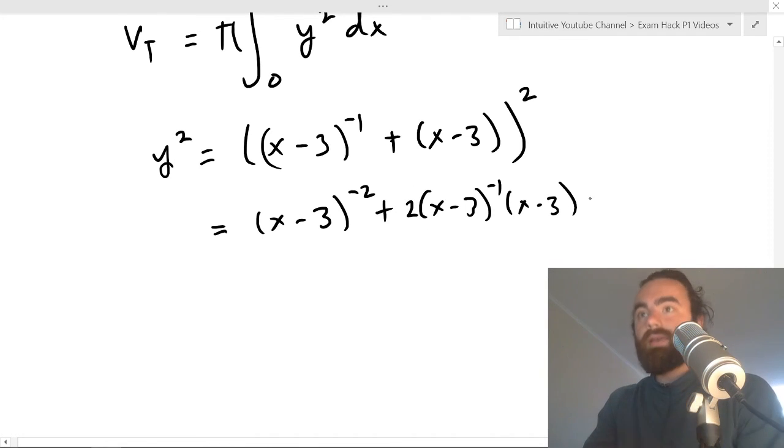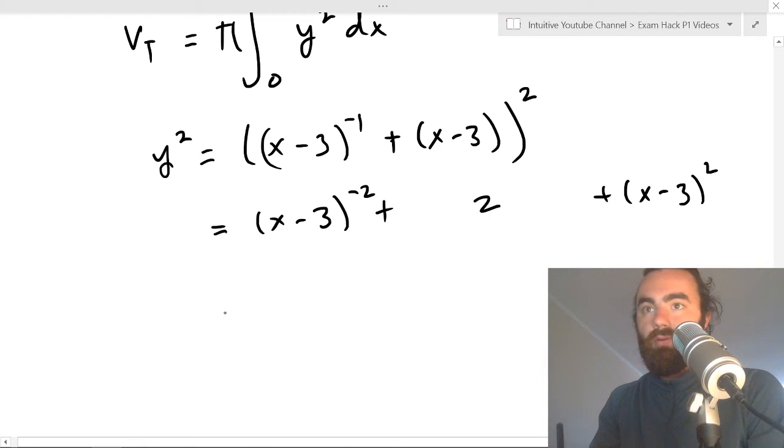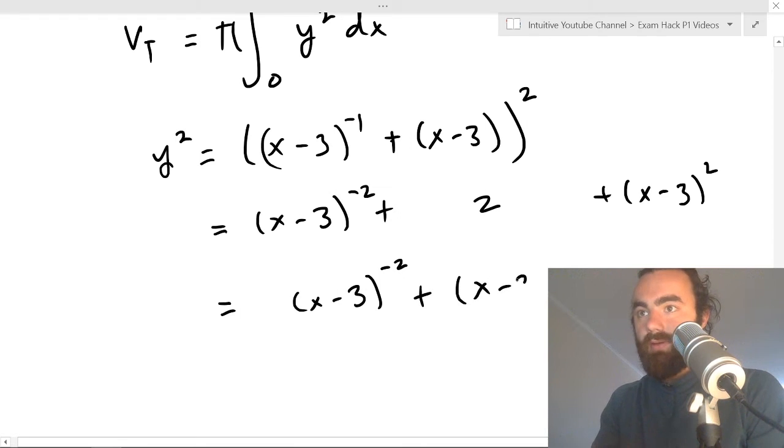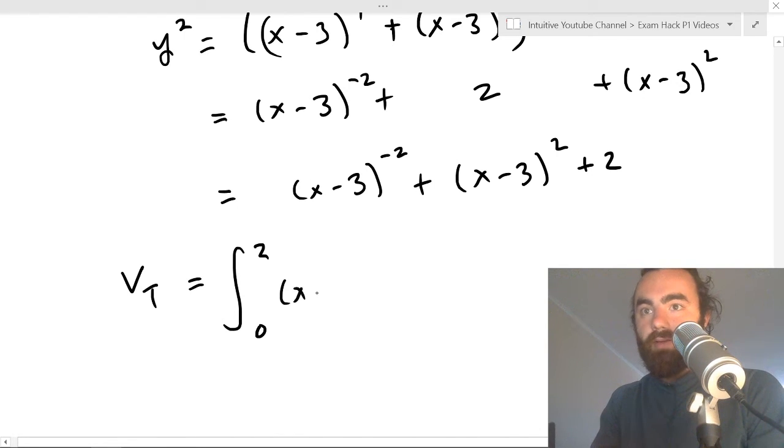And then you'll get plus x minus 3 squared. Well, these just cancel each other out, so this is just a 2. So actually you get x minus 3 to the negative 2 plus x minus 3 squared plus 2. Okay, so then our total volume would be the integral from 0 to 2 of, remember our pi here, x minus 3.